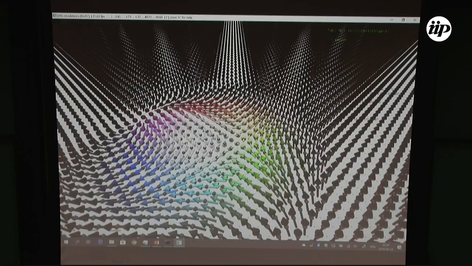For another kind of crystal, it may happen that such a skyrmion, which here is an anti-skyrmion, is the most favorable, so it's a stable skyrmion.